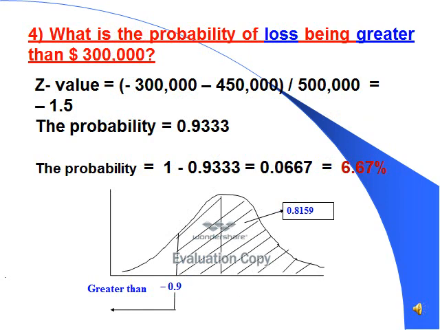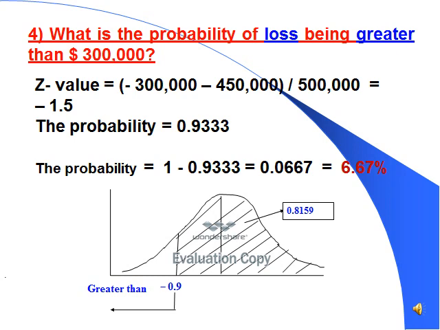Required number 4. What is the probability of loss being greater than 300,000? Z equal B minus B bar divided by sigma bar. B here is loss. That means B equal minus 300,000 minus B bar 450,000 divided by sigma bar 500,000 equal minus 1.5.